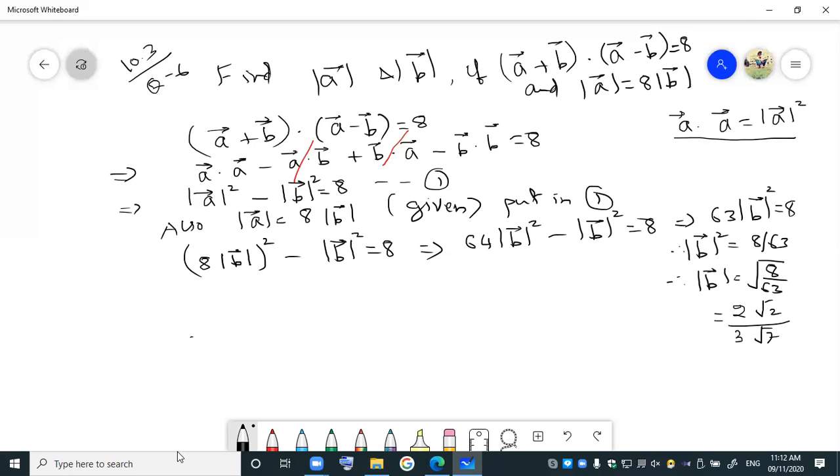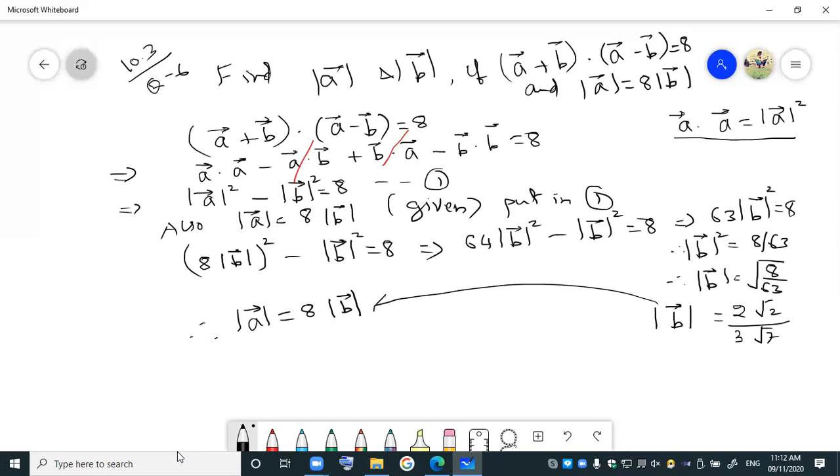Also we have to find the magnitude of A, and the magnitude of A is equal to, as given, 8 times the magnitude of B. Just substitute the value of magnitude of B, which is 2 by 3 under root 2 by 7.